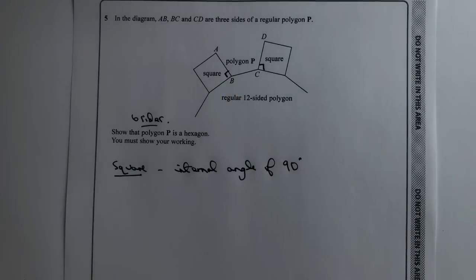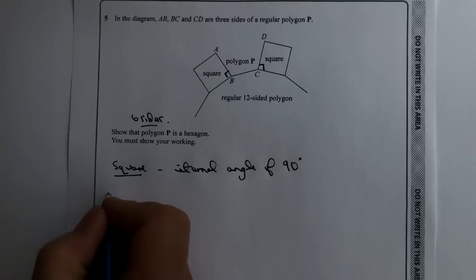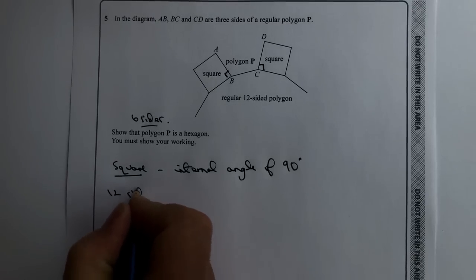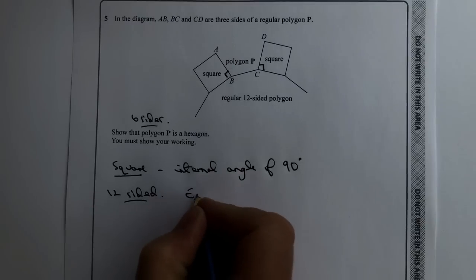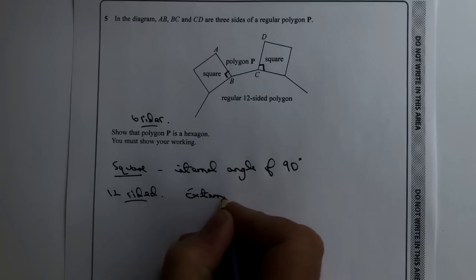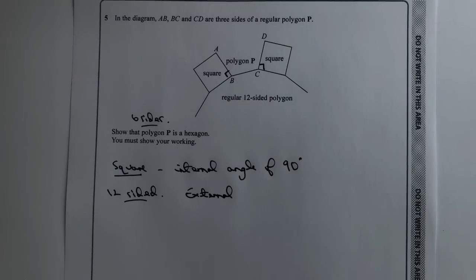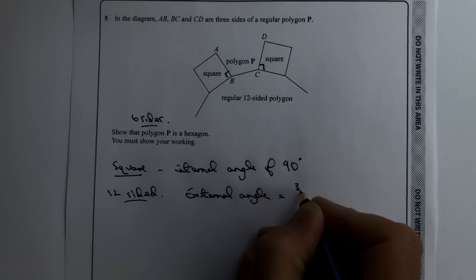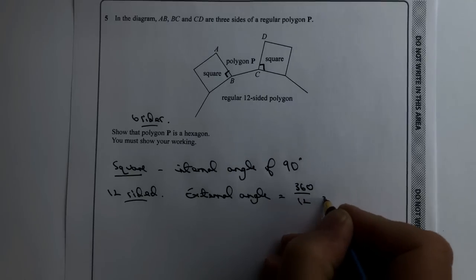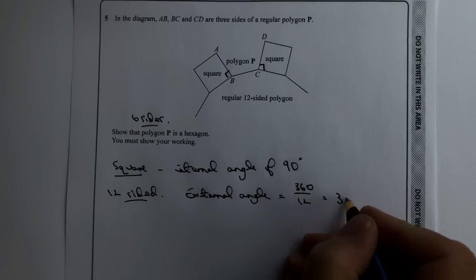So I'm going to try and work out this angle around here, which is the internal angle of the 12-sided polygon. So the way I would normally do that is that if I know it's 12-sided, what I also know is that the external angles of any regular polygon add up to 360 degrees. So if I want to work out the external angle, I can say that's equal to 360 degrees divided by 12, which is 30 degrees.